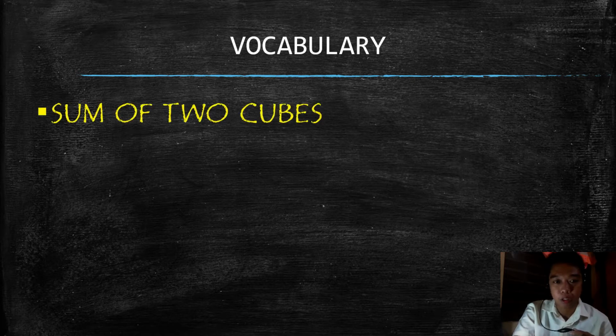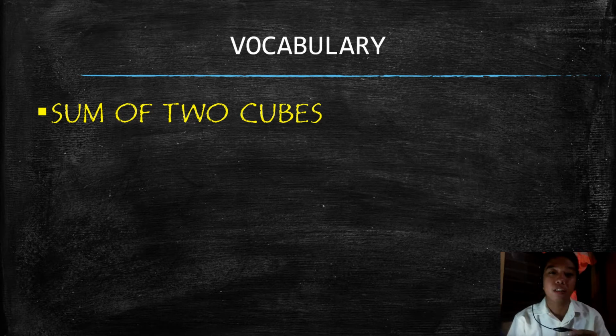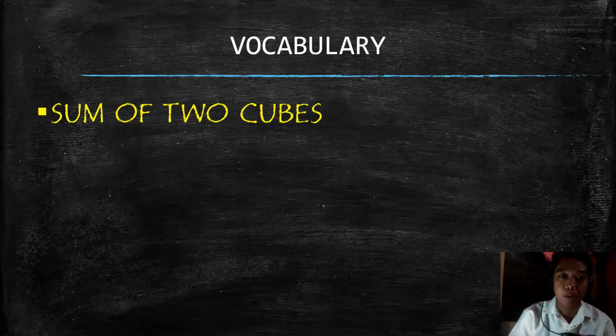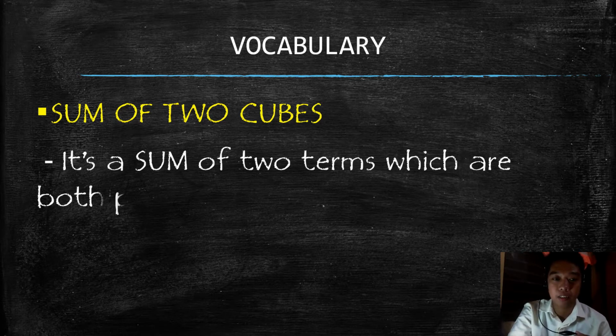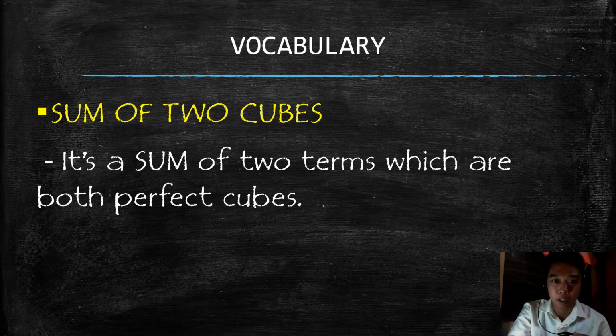So ngayon, let's proceed to sum of 2 cubes. Kung meron tayong difference of 2 cubes, meron din tayong tinatawag na sum of 2 cubes. So sa pangalan niya, opposite nung nauna, sum, we are talking about the operation addition. Okay, so halos ganun din yung meaning. Yun nga lang, they are separated by addition.